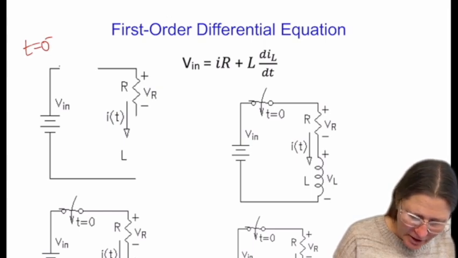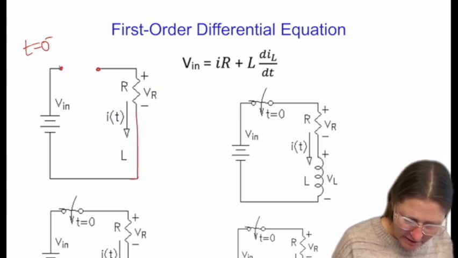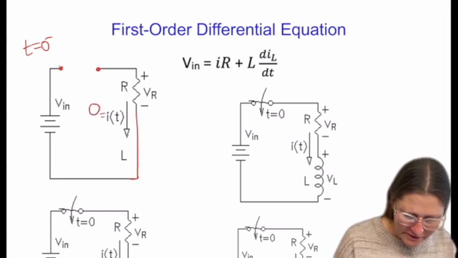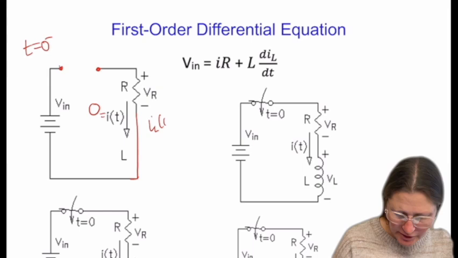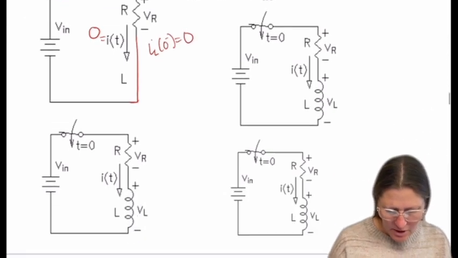And so you find that with an open here, that I will be equal to 0. So IL of 0 minus is 0.